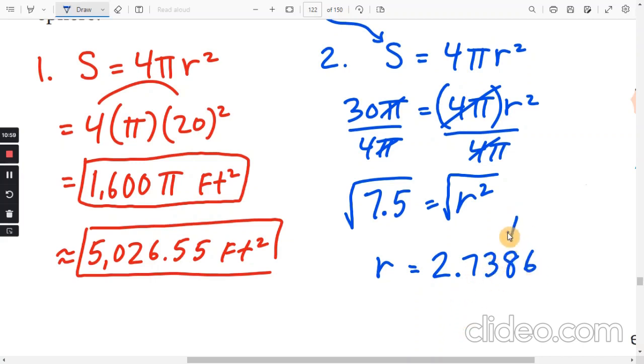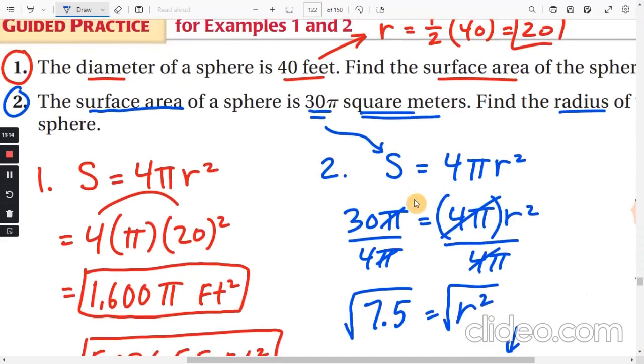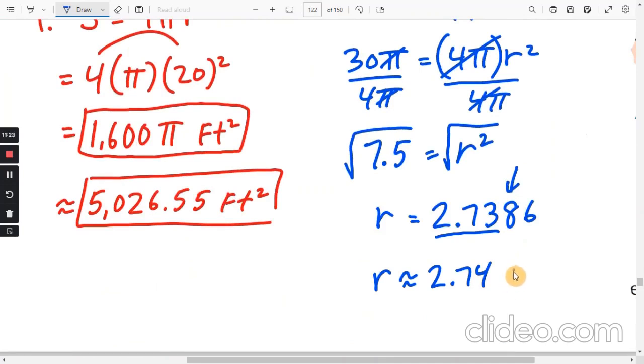So you look at the third one. If it's 5 or more, you round this up. So I'm going to say r is approximately 2.74. All right, the units were in square meters, but when we took the square root, we removed the squared. So the final units on the radius are just in meters.